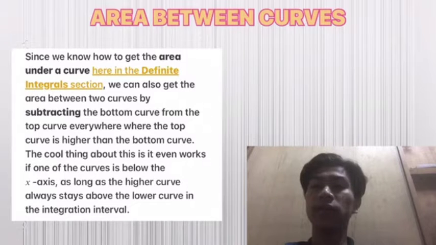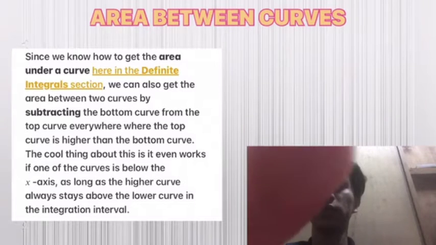The cool thing about this is it even works if one of the curves is below the x-axis, as long as the higher curve always stays above the lower curve in the integration interval.